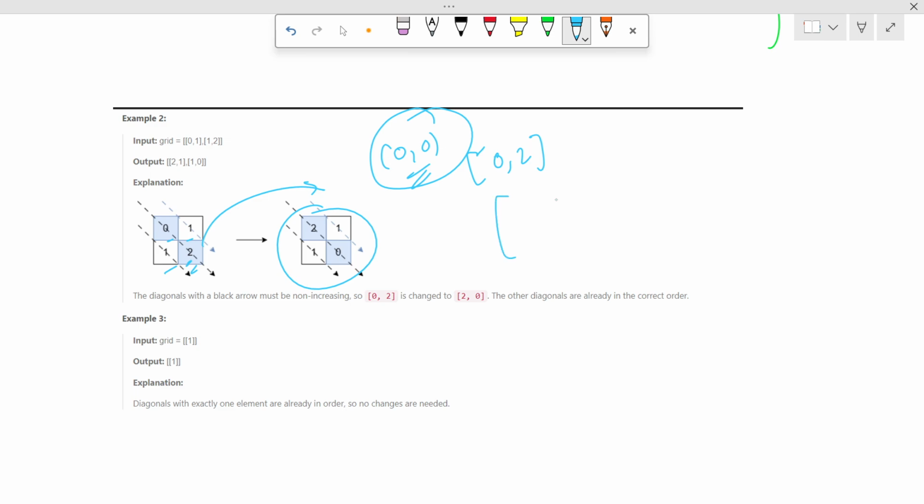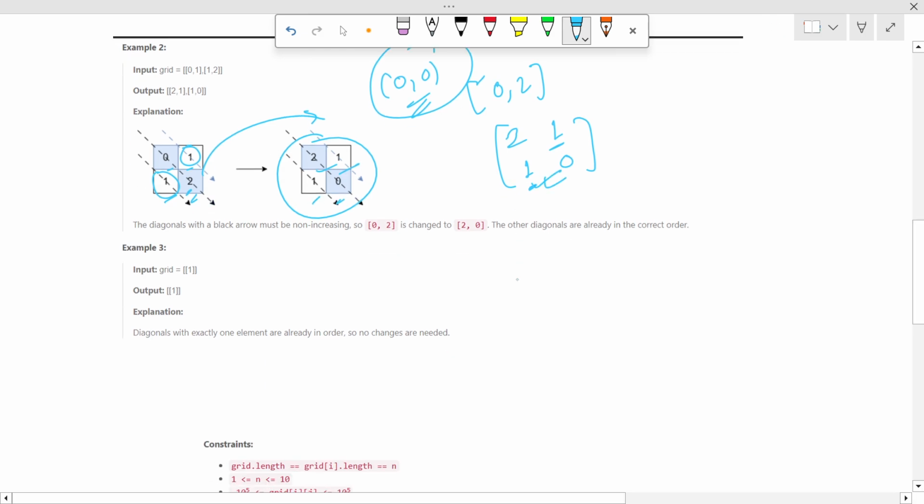So what we get is 2 1, and here 1 and 0. For the other diagonals there is no need of sorting, so they remain the same. So the answer is 2110.